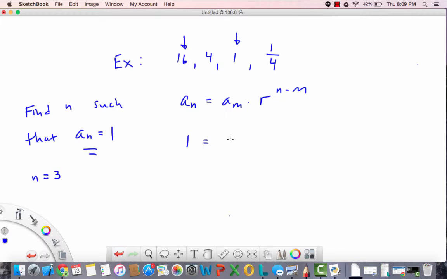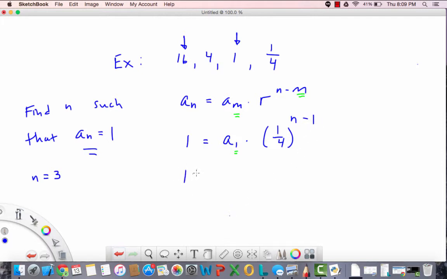So this is a sub 1 times r. We know that's 1/4 to the n minus m. We don't know n, but we know m. This is m, that's m. These values must be the same. So since we chose an m value of 1 there, we have to put that same value right up here.